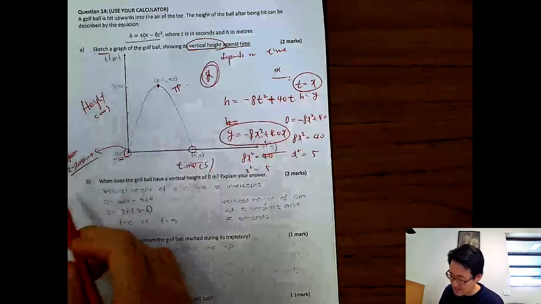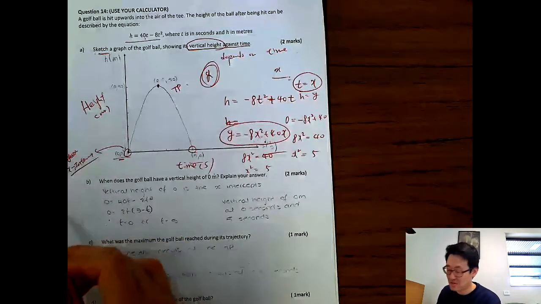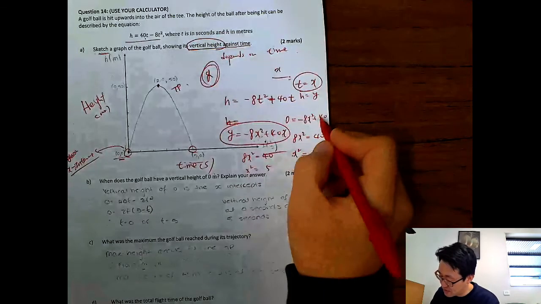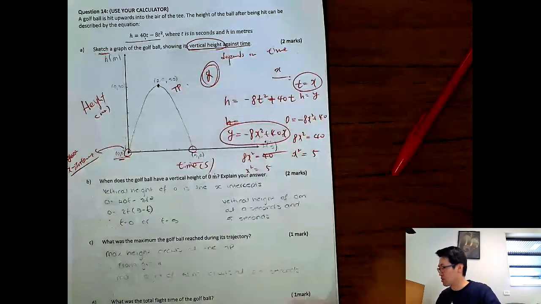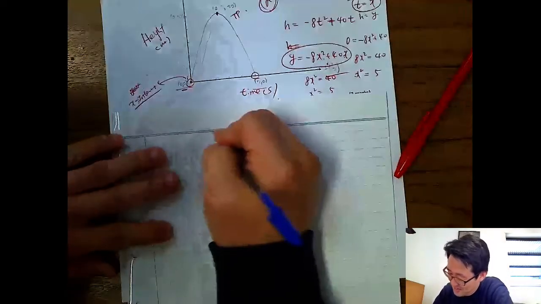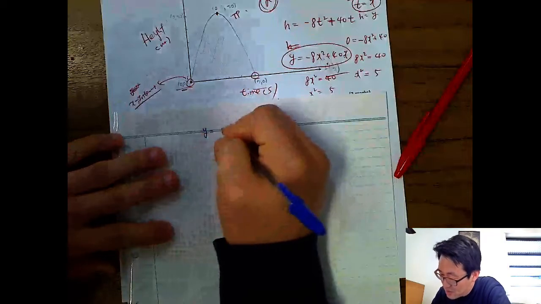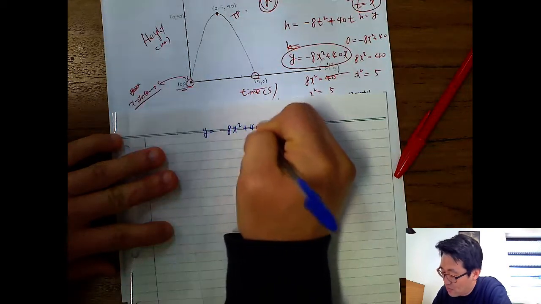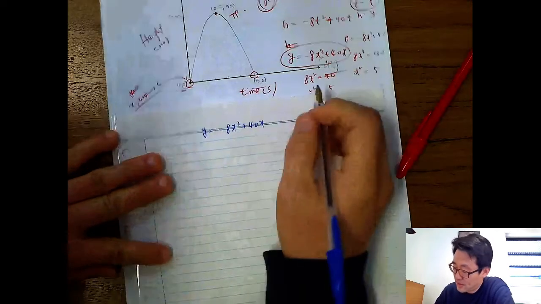Otherwise it looked like this. I had to pause it because something went wrong. Okay, so x is there now. It's a totally different question. I'll just write it down here. Sorry. Y equals minus 8x squared plus 40x, not 40, okay?